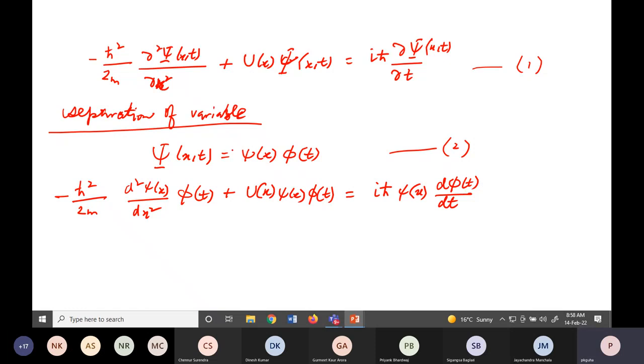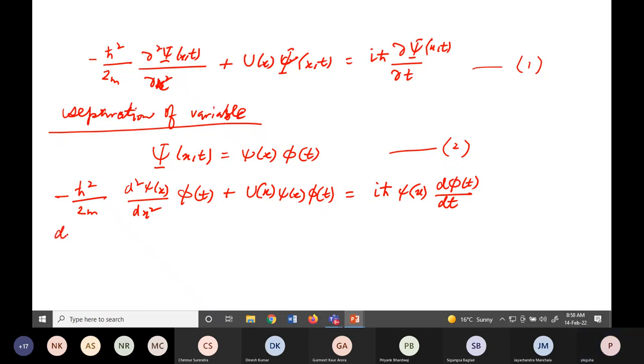Because psi of x and phi of t are independent of each other, when we take the derivative with respect to x, phi of t will be outside, and similarly when we take the derivative of phi of t, psi of x will be outside.